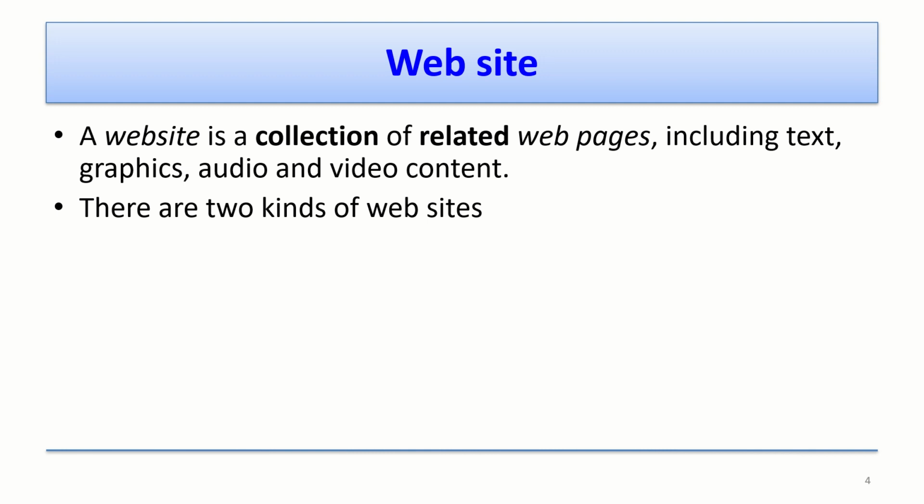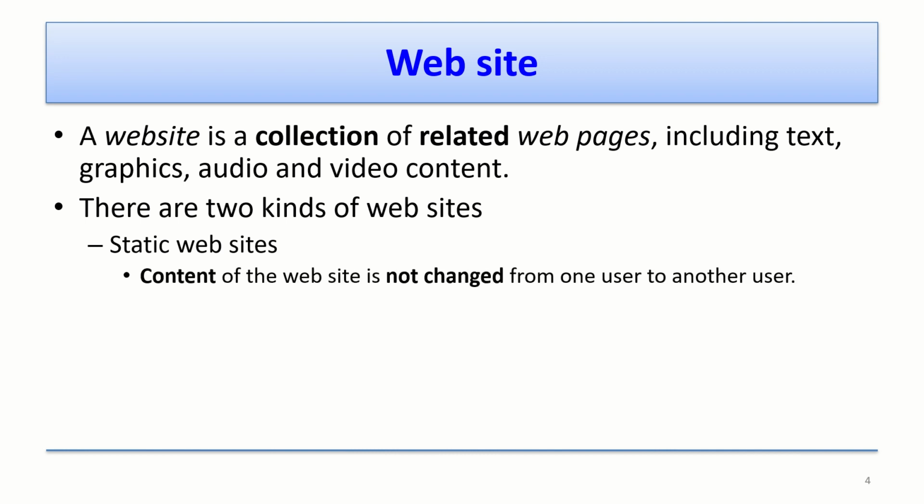There are two kinds of websites, static websites and dynamic websites. A static website means the content of the website does not change from one user to another user. For example, in a website containing news, that news page is not changed from one user to another user.